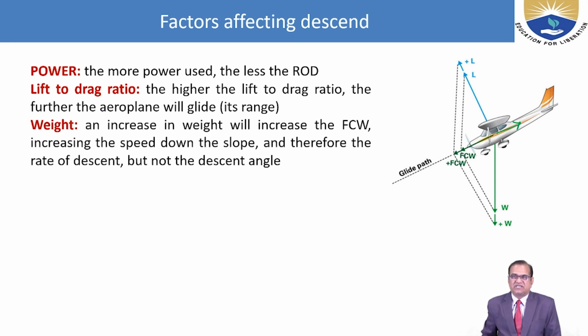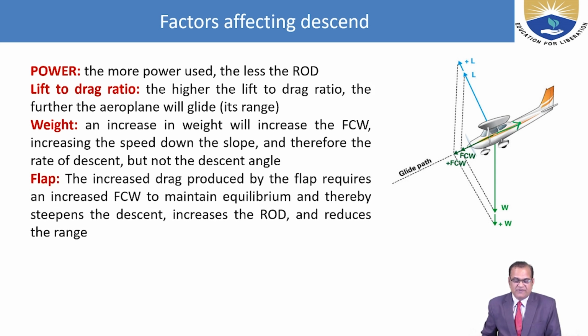An increase in weight will increase the FCW, the forward component of weight, increasing the speed down the slope and therefore the rate of descent, but not the descent angle.